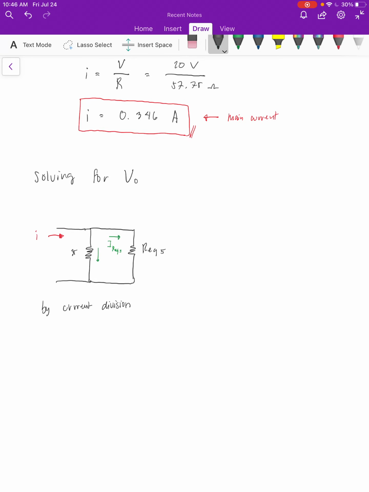In order to solve for the current at REQ5, we have to look at its opposite resistor, which is in this case 35 ohms, divided by the value of 35 ohms plus REQ5.